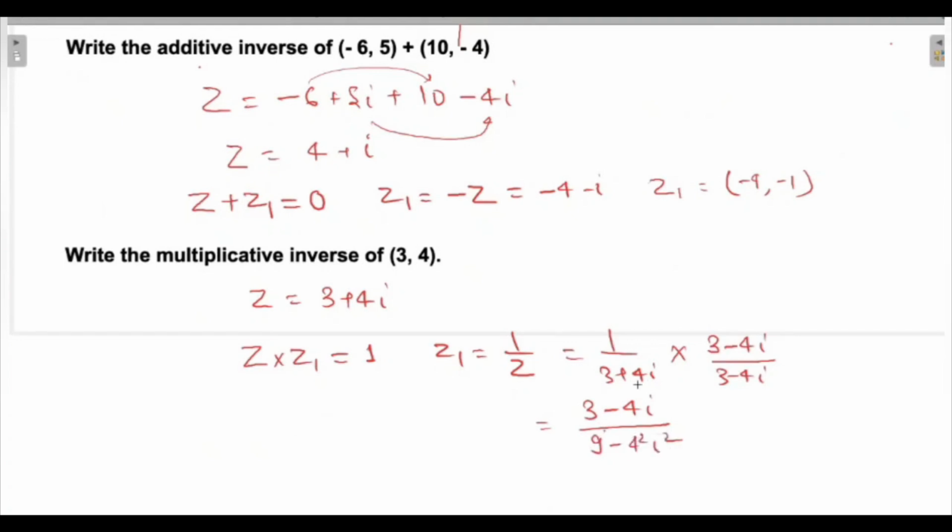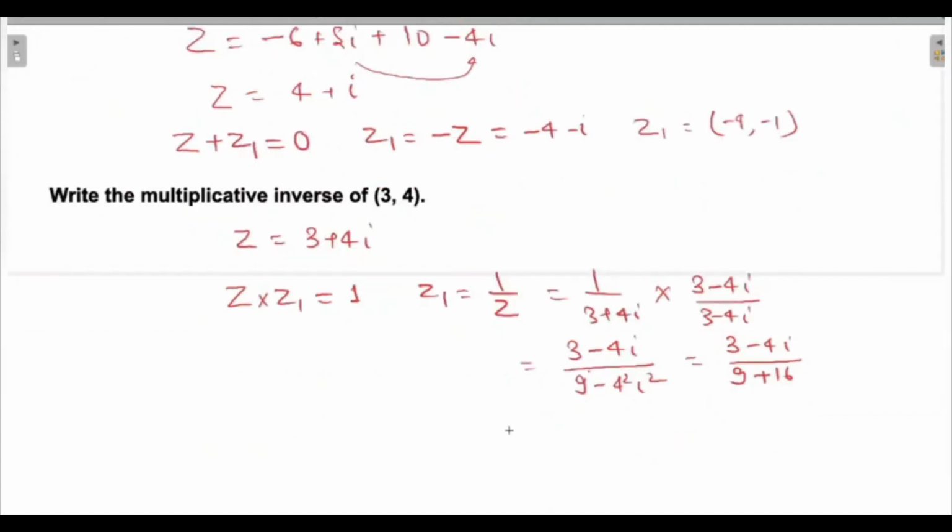The top part was 3 minus 4i, and the bottom becomes 9 plus 16. So finally my complex number is going to be 3 by 25 minus 4 by 25i. So this is the multiplicative inverse of 3 comma 4.